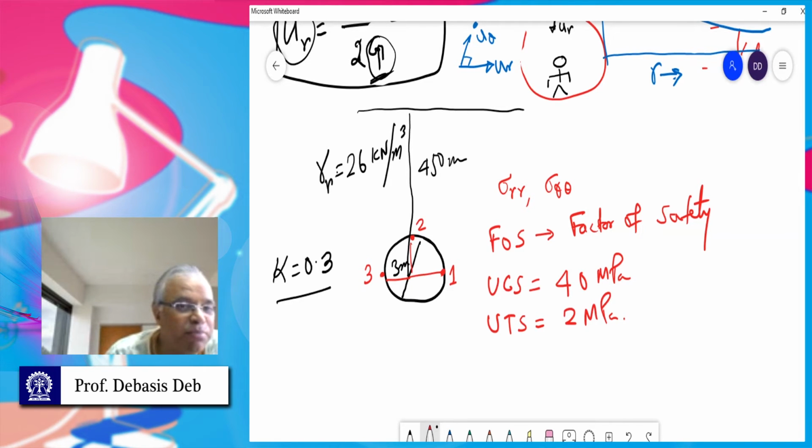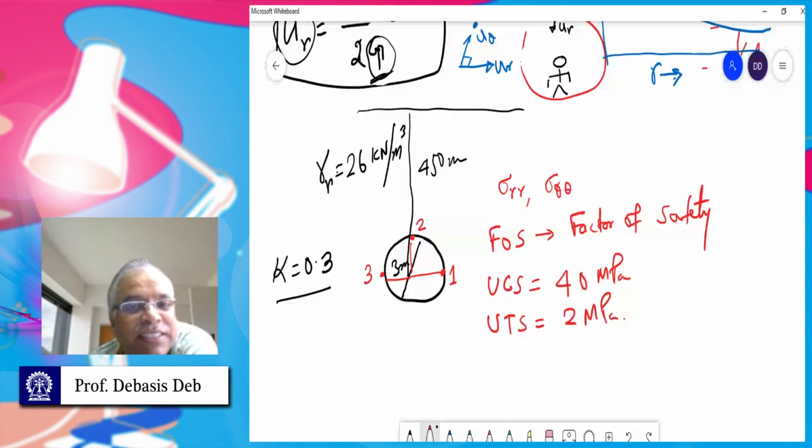A tunnel of 3 meter radius is going to be constructed 450 meters below, with the average density of the overburden rock being 26 kilonewton per meter cube. Assume K equals 0.3, that means the normal geostatic condition.